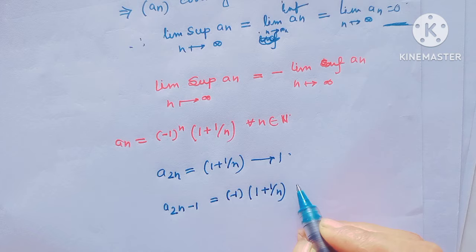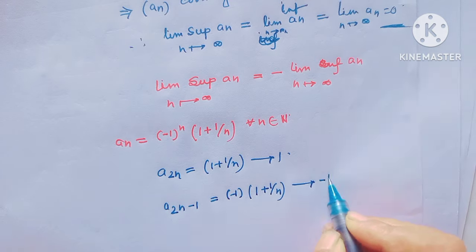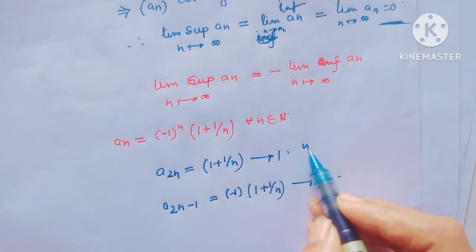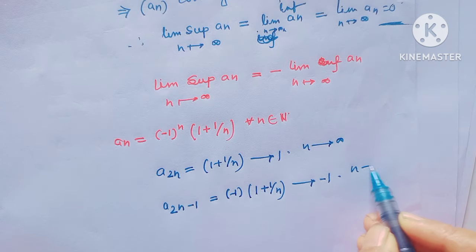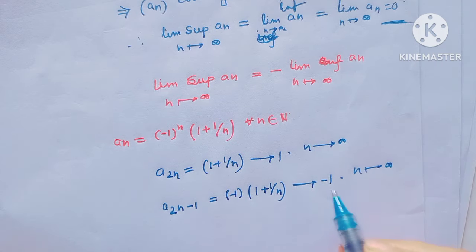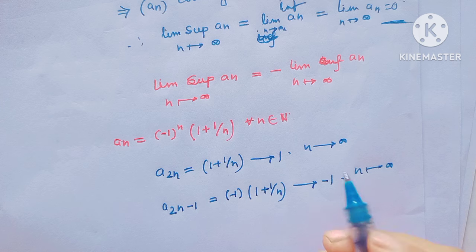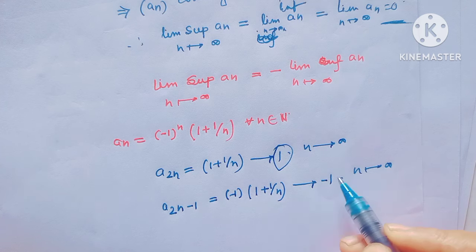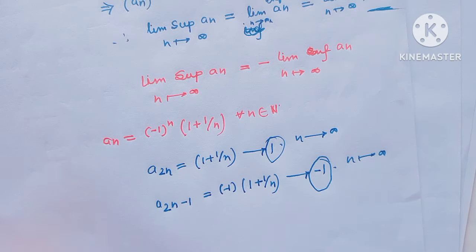As n tends to infinity, this converges to minus 1. Since the subsequences converge to 1 and minus 1, the highest limit point of the sequence is 1 and the lowest limit point of the sequence is minus 1.